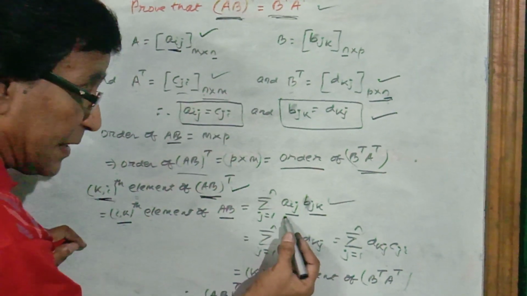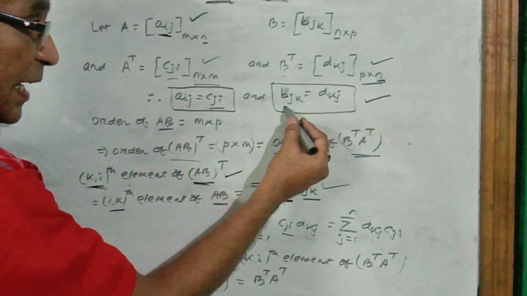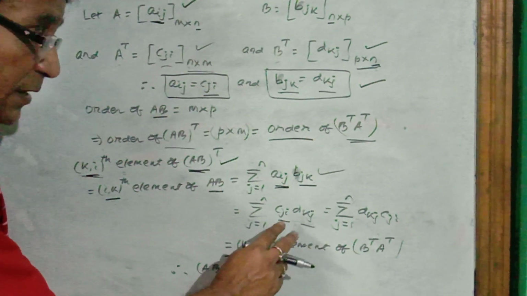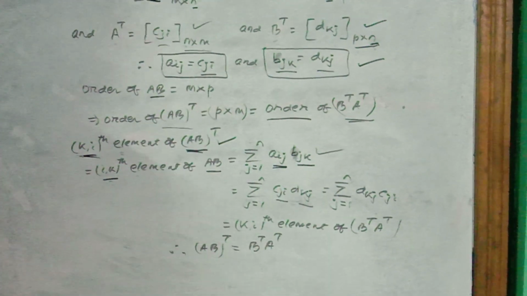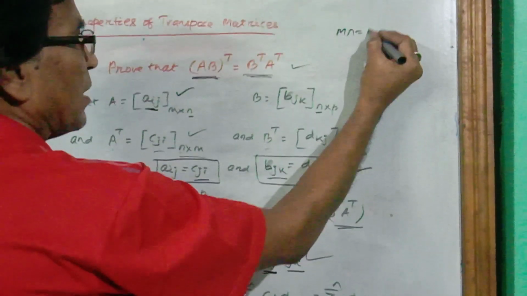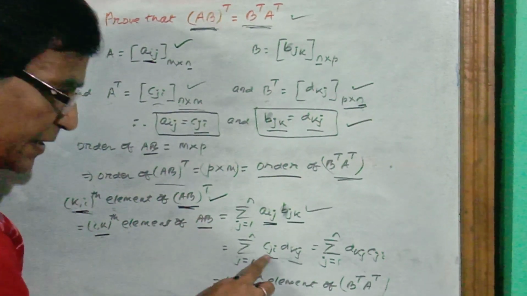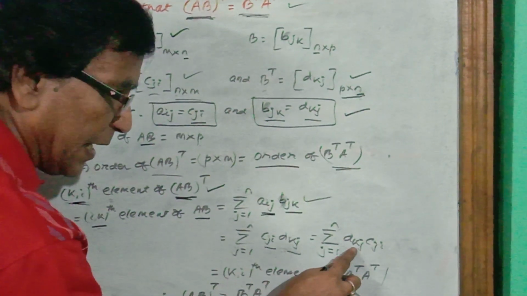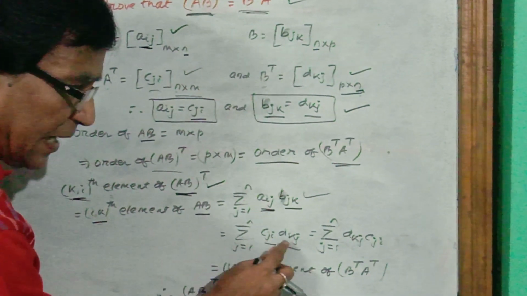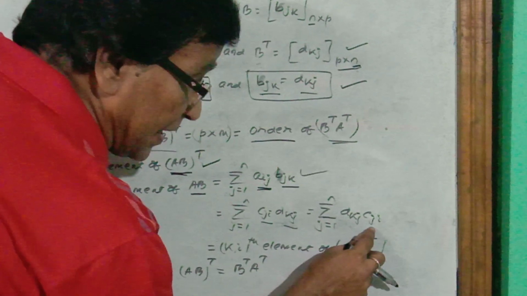But we know that the Aij element is the same as the Cji element, and the Bjk element is equal to the Dkj element. Since the product of any two numbers is always commutative, that is, m into n is always equal to n into m, I can say Cji into Dkj is equal to Dkj into Cji. So it is the same as the summation, j varies from 1 to n, of Dkj into Cji.